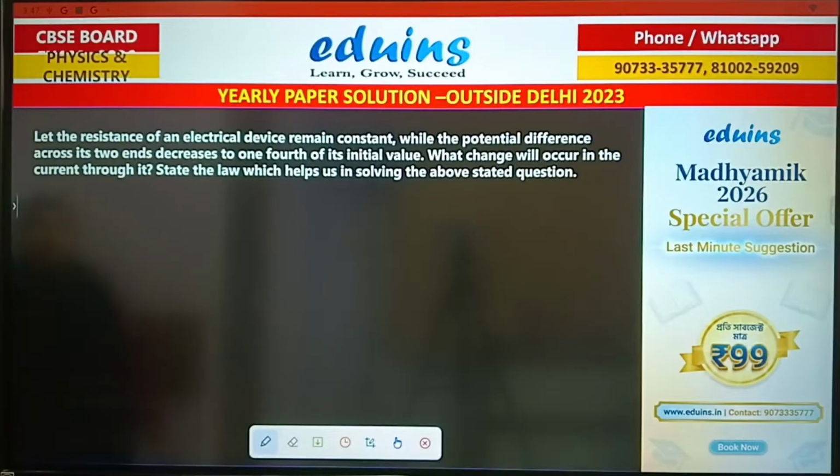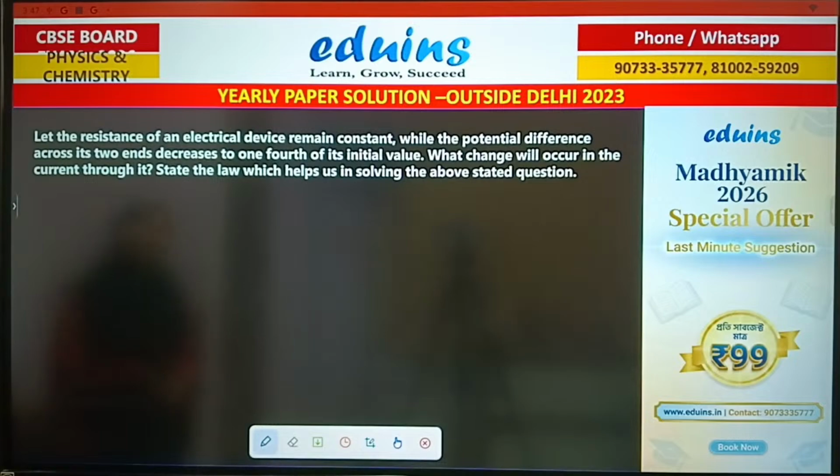Let the resistance of an electrical device remain constant while the potential difference across its two ends decreases to 1/4 of its initial value. What change will occur in the current through it?